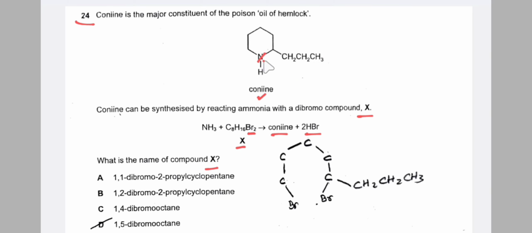So if we remove this NH and add 2 Br, one on each side, this could be the possible structure of X. For this structure we count from the end nearest the bromine. 1, 2, there is meth, eth, prop, but, pent, hex, hept, oct. So this is octane, and this is 1, 2, 3, 4, 5. So 1,5-dibromo-octane. So the answer is D.